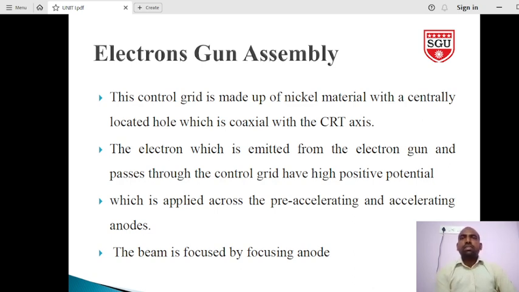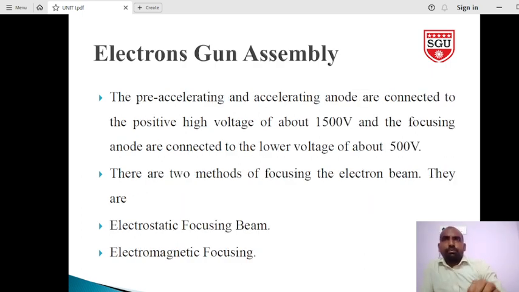The electrons emitted from the cathode pass through the control grid, and a high positive potential is applied across the pre-accelerating and accelerating anodes. The beam is focused by the focusing anode. The pre-accelerating and accelerating anodes are connected to a positive high voltage of above 1500 volts, and the focusing anode is connected to a lower voltage of about 500 volts.